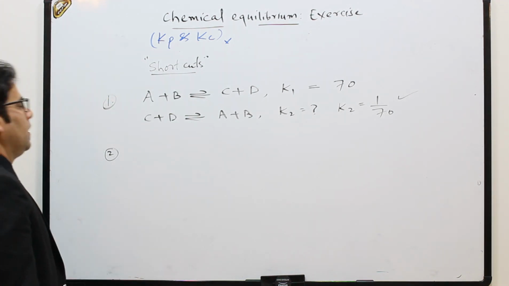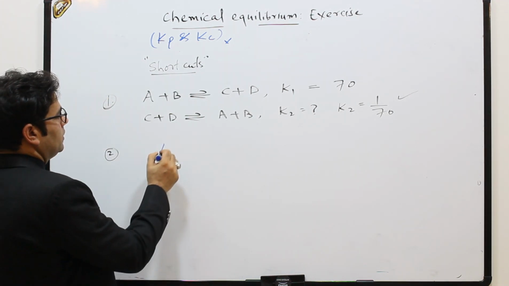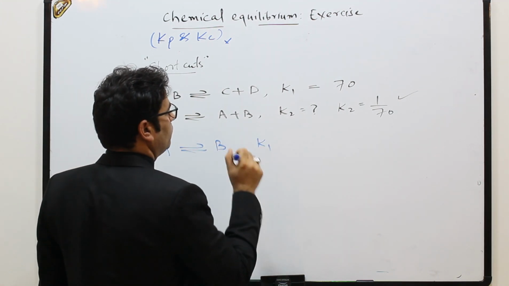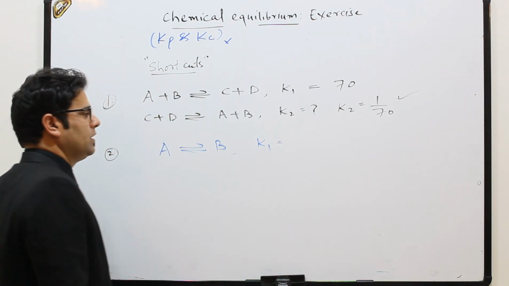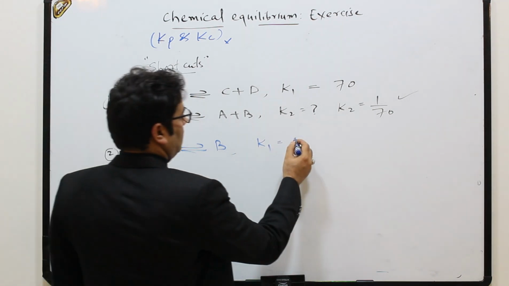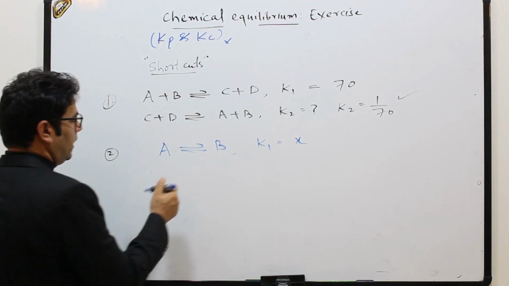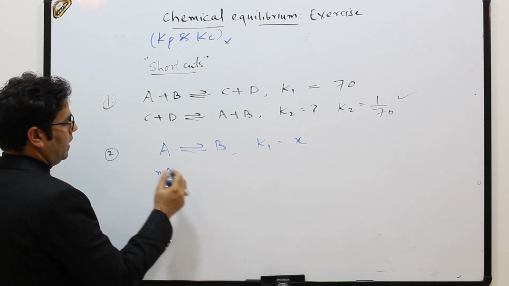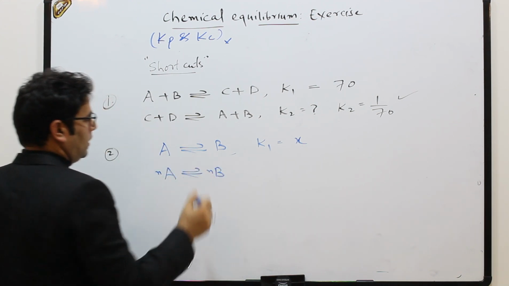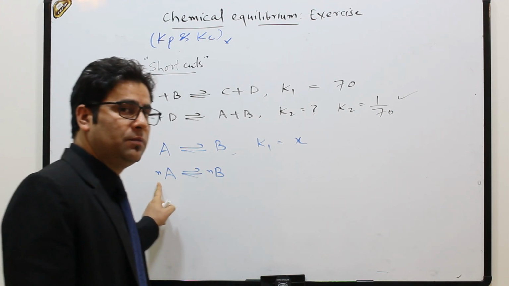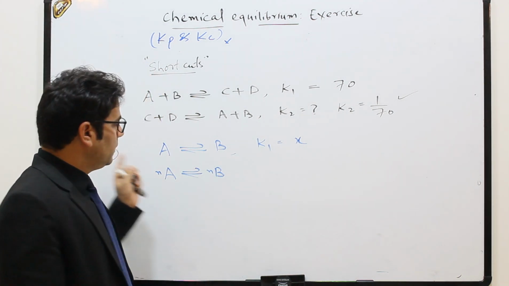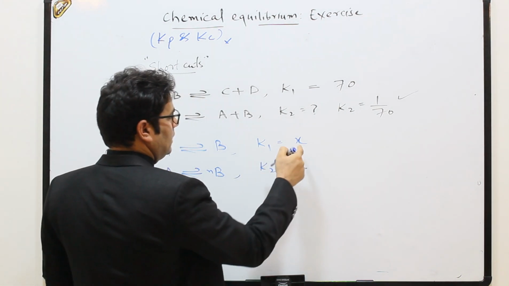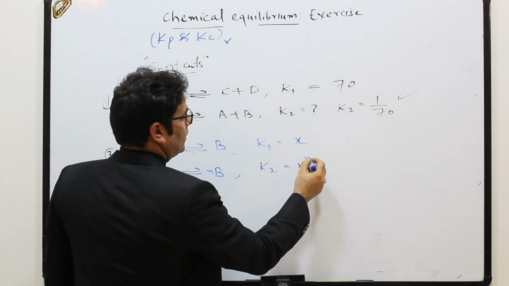Number 2. Suppose this is the equilibrium reaction, A gives B, and we are given K1. Suppose it is X. Now if in the second reaction the stoichiometric coefficient is multiplied by n throughout the reaction, then K2 will be X to the power n.